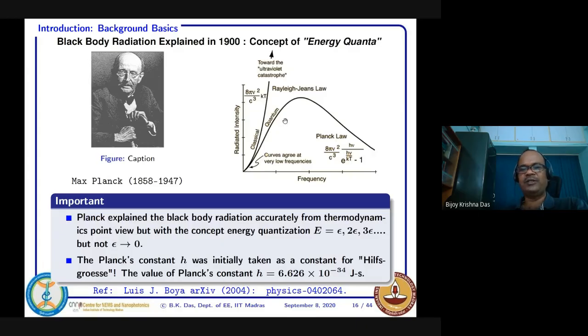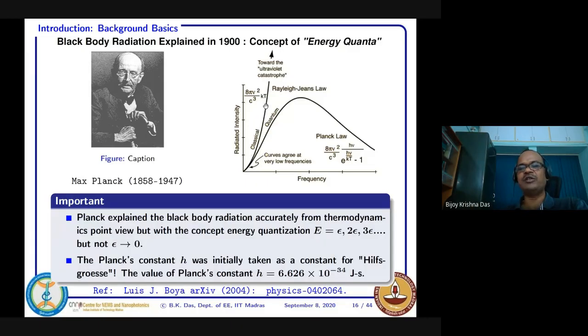People were basically thermodynamics experts. They considered some thermodynamic property and tried to derive an analytical formula for what the intensity would be as a function of temperature if some object is heated.